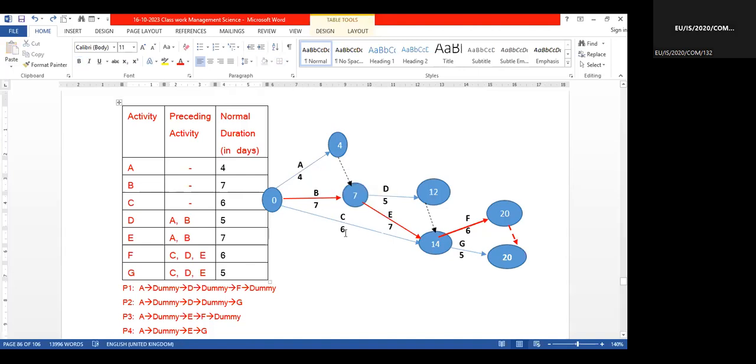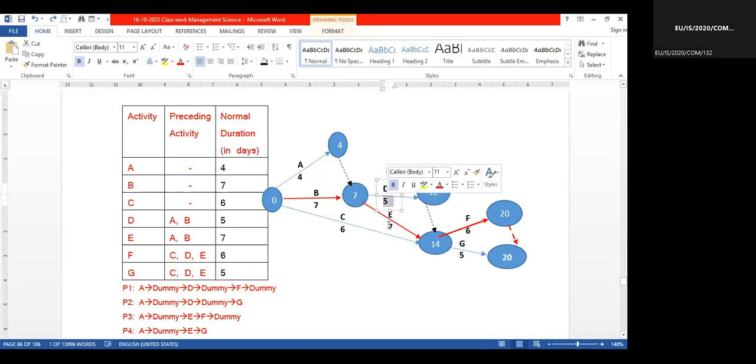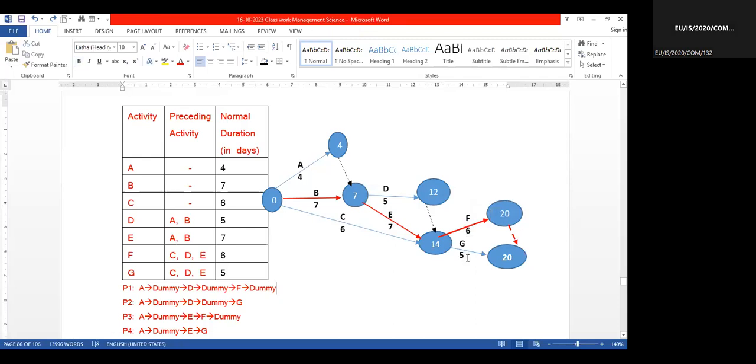C 6 days, this one. D 5 days, this one. And E 7 days here. And F 6 days here. And G 5 days here.